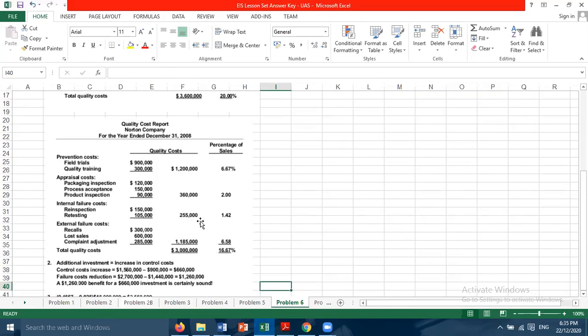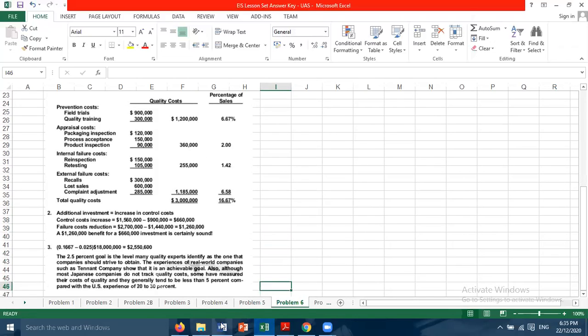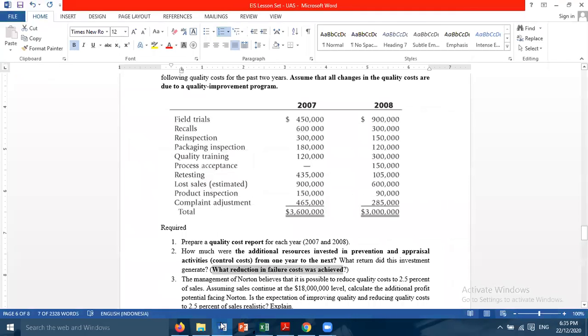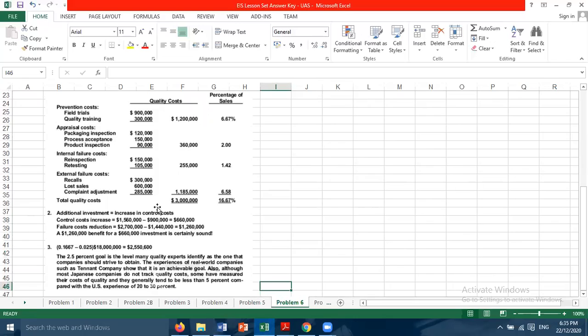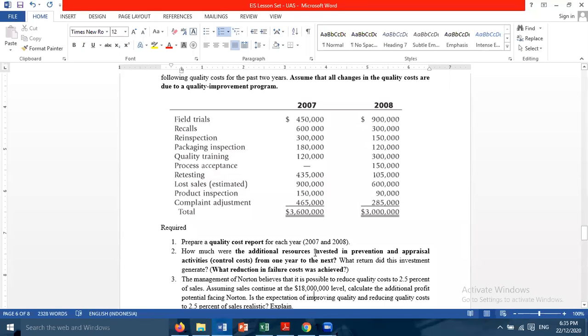So we subtract the second year's cost from the first year's, and we get that the cost is reduced by 1,260,000. So the return generated is 1,260,000. For a 660,000 investment, we managed to reduce cost by 1,260,000. Okay, that's for number 2.